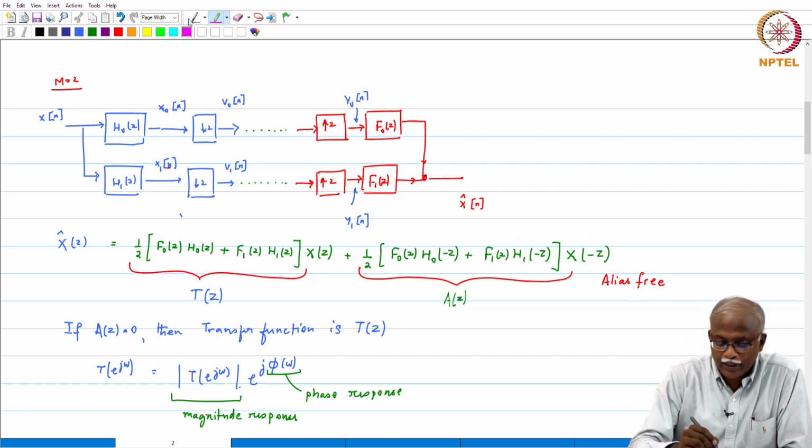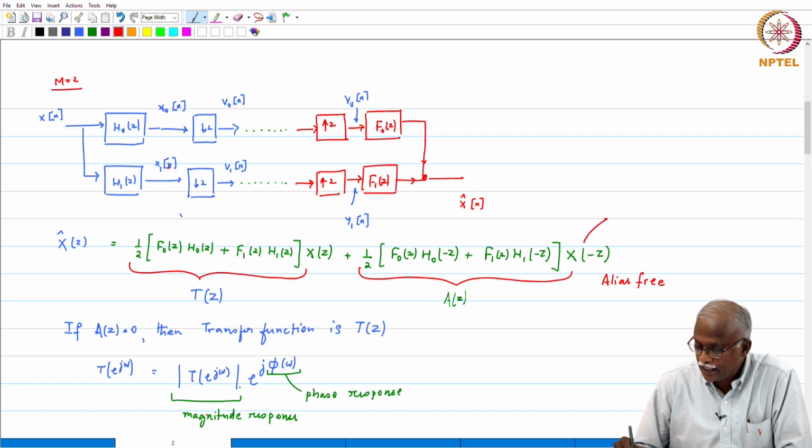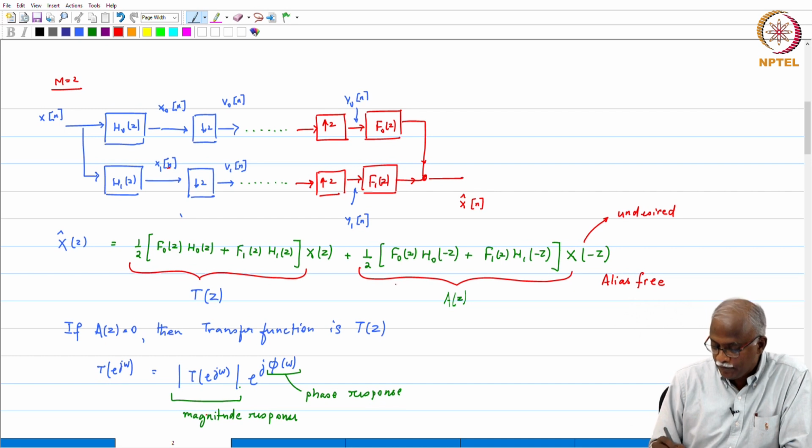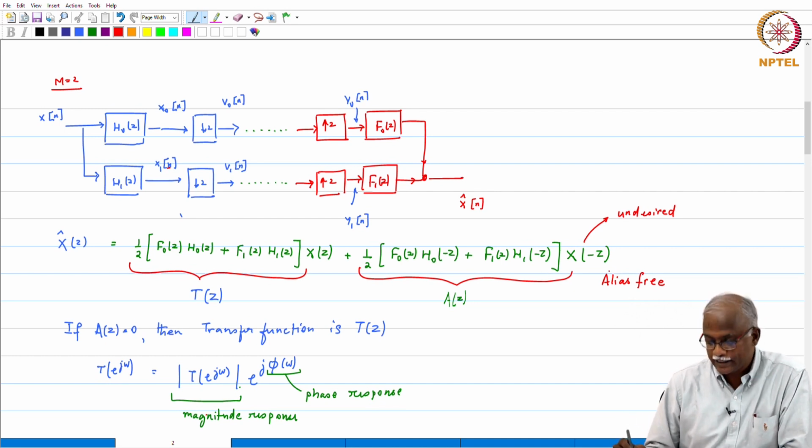So this you can view as the undesired component, the X of minus z. If A of z becomes equal to 0, then we get rid of the aliasing term, and therefore we call it alias free.